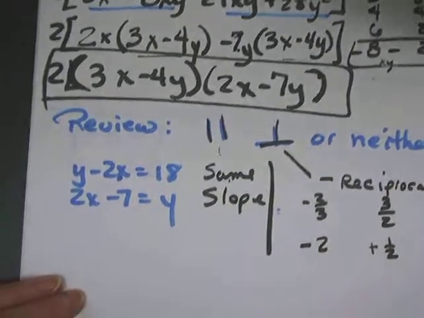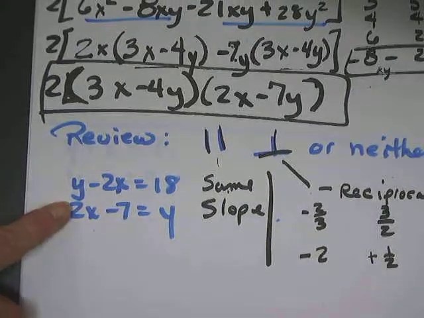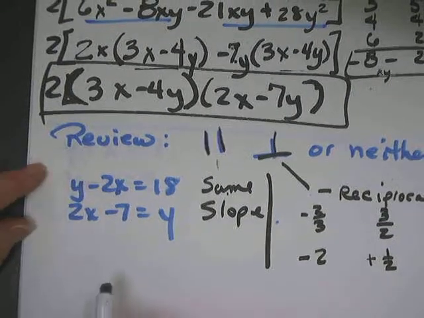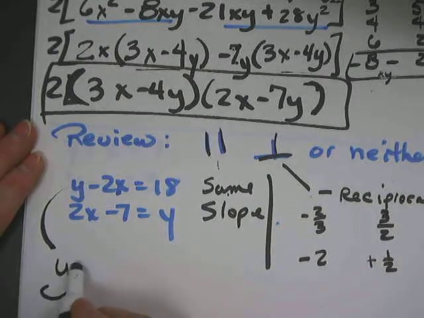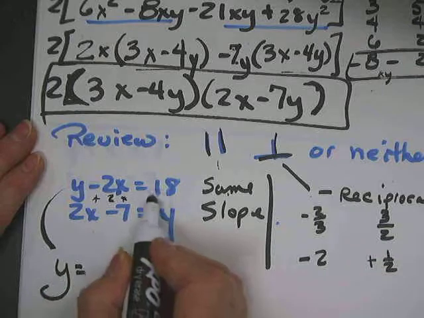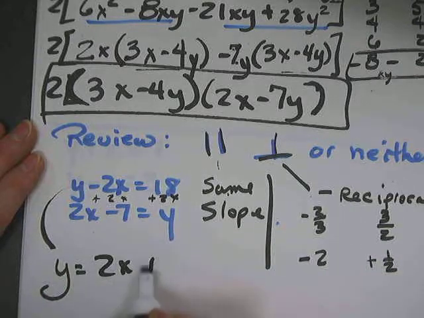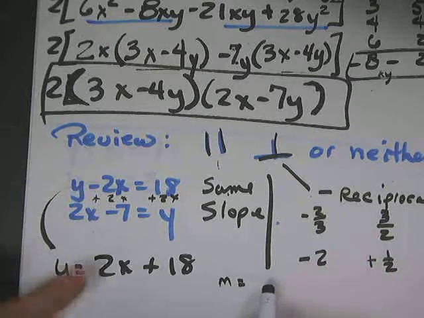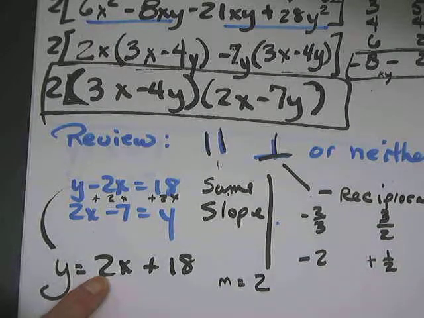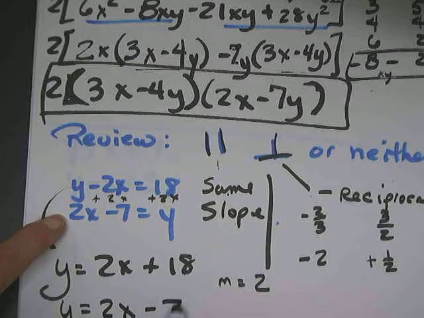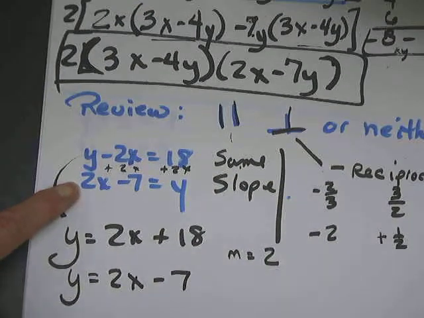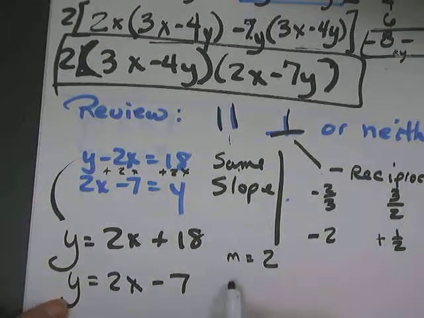So if it was like negative 2/3, the other one would be positive 3/2, right? How about if it was negative 2? Negative reciprocal would be the other side and flip it, right? So if they're perpendicular, negative reciprocal slopes. Parallel is the same slope. Neither wouldn't fit either category, of course.